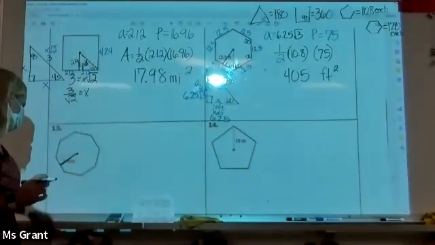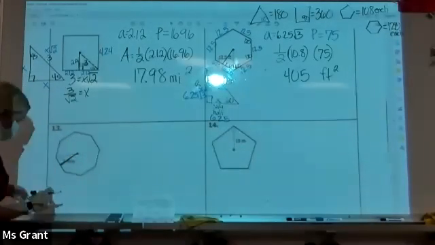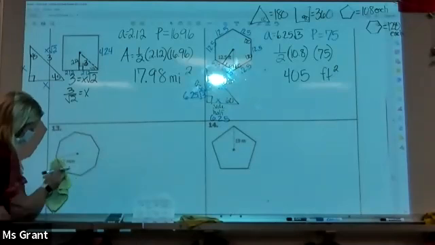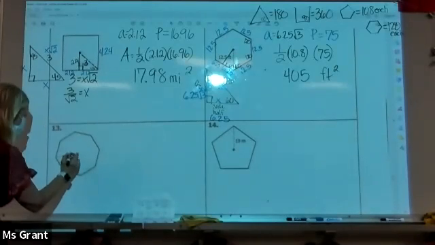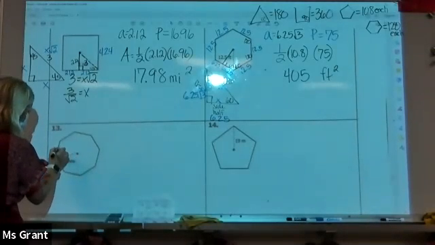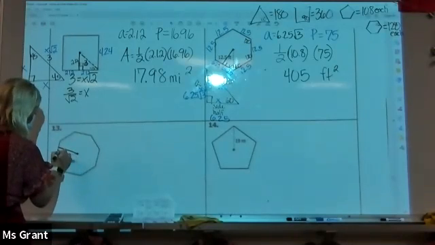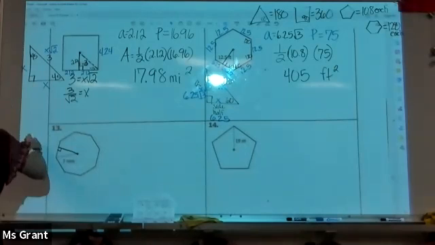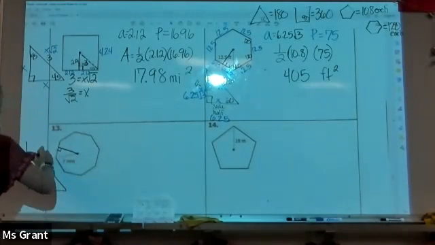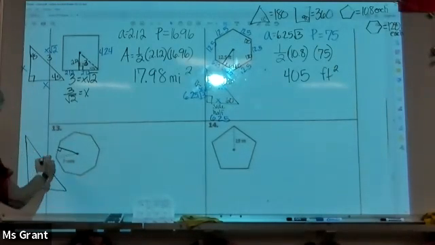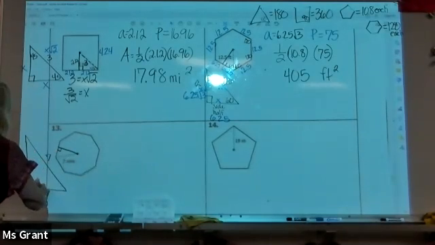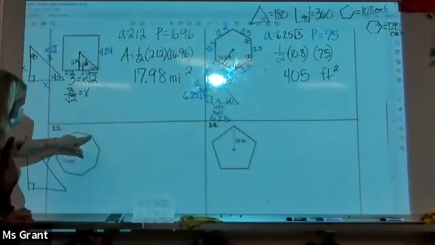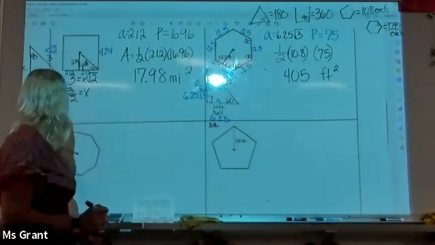All right, number 13. I'm going to make a right triangle in my shape. Let's make it so it's not blocking the 7. Here's my triangle, big. 7 is my hypotenuse. It is a 1, 2, 3, 4, 5, 6, 7, 8.